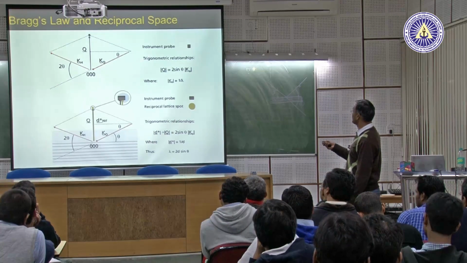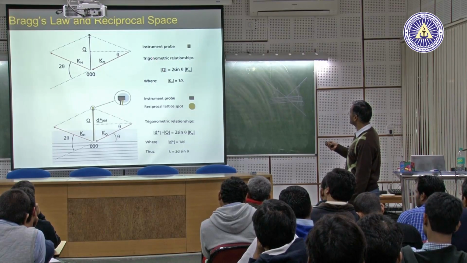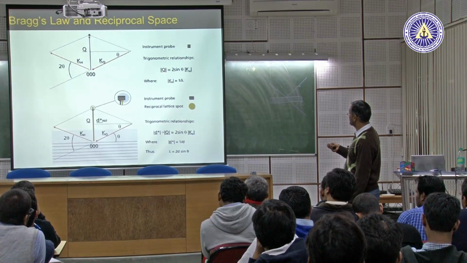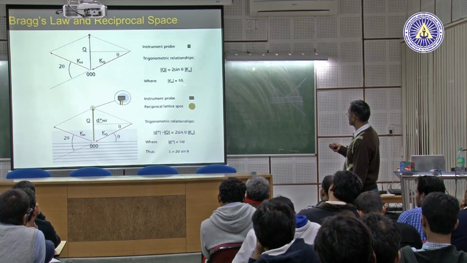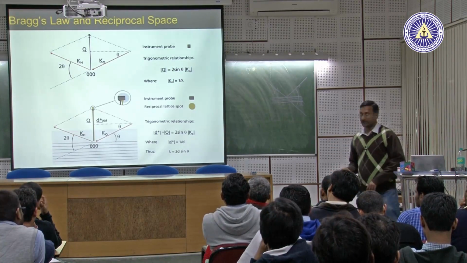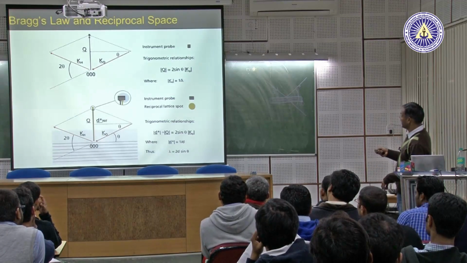So we can say that, by the trigonometric relation, this Q is nothing but 2 sin theta times k naught, where k naught is 1 over lambda, the wave vector.